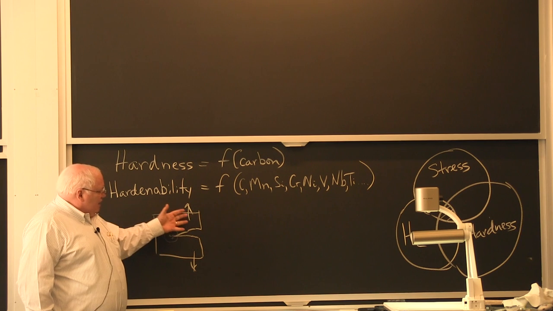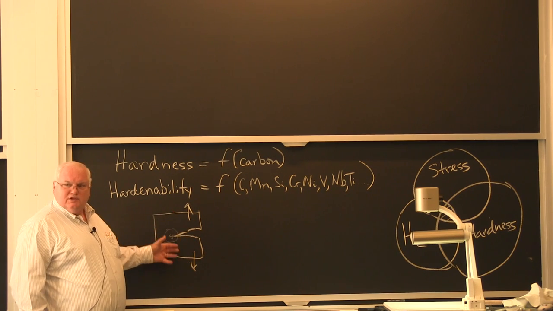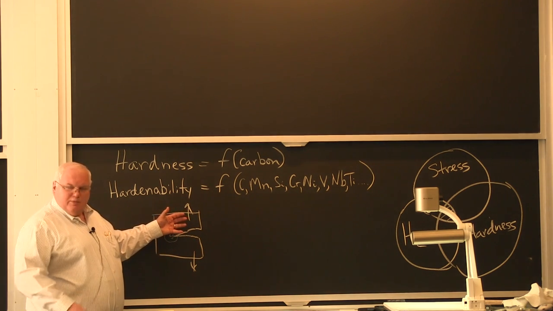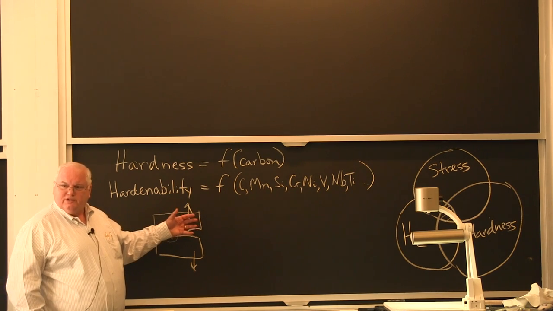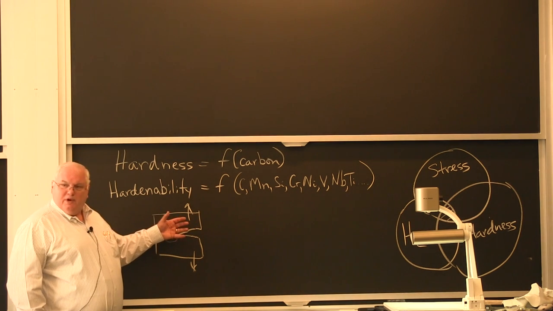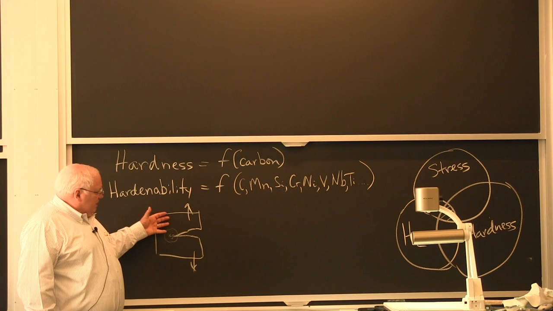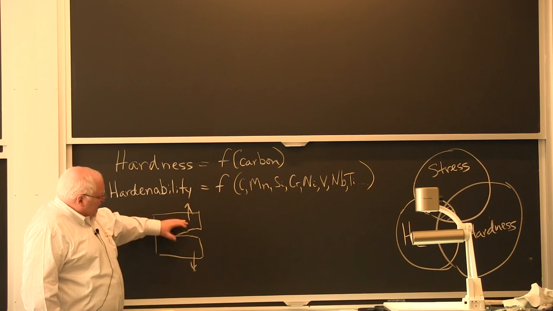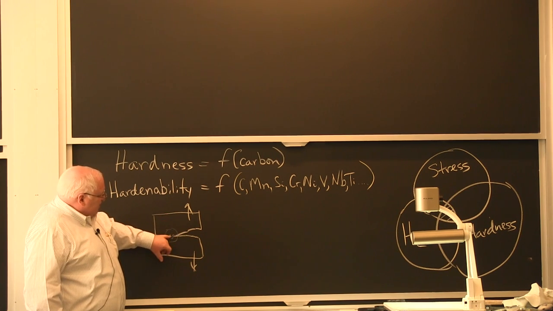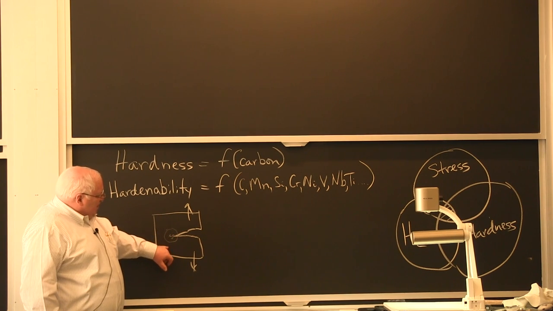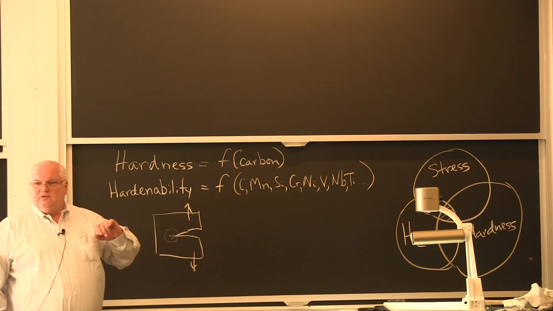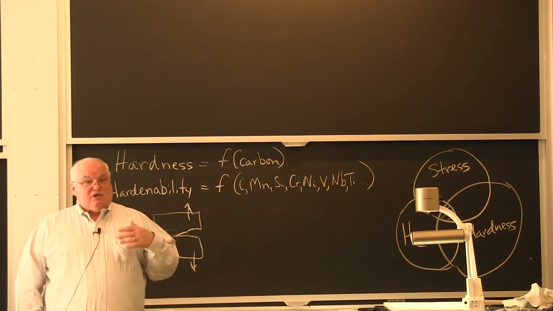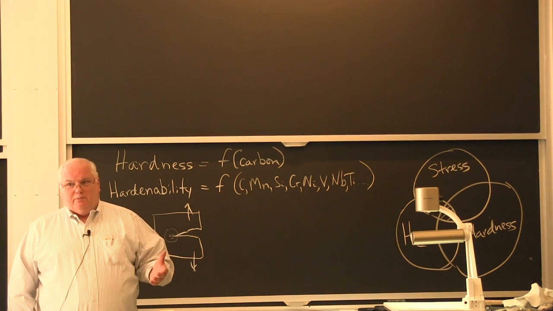And so if the hydrogen was uniformly distributed within the steel, such as my can of Sprite with the CO2 before I opened it up, now I have it in a solid, not a liquid, but if I take that steel with hydrogen everywhere, and I apply a stress and I have any kind of discontinuity, the hydrogen will migrate to the cracked tip. Now, it's a diffusion process and it takes some time.